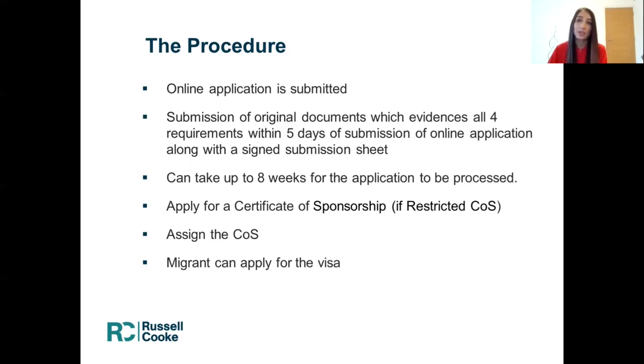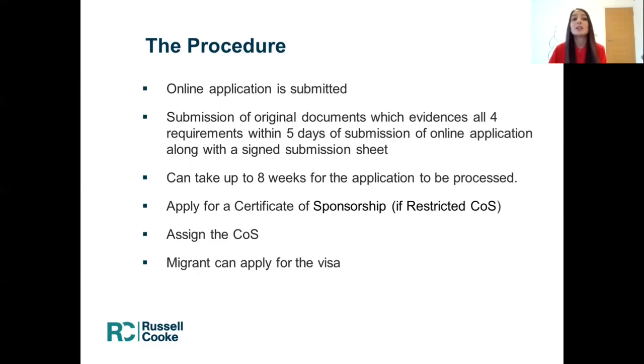Once you make that online application, you would also get a submission sheet which you have to sign. This will also be sent with the supporting documents. It's important to bear in mind that the application can take up to 8 weeks to be processed, so it's a really good idea to plan ahead.